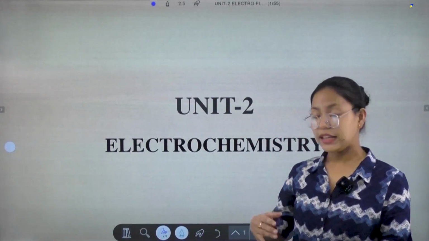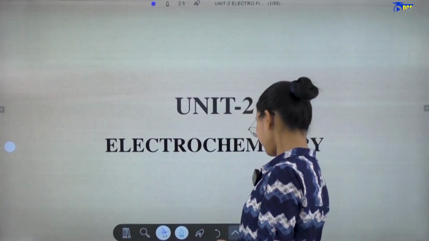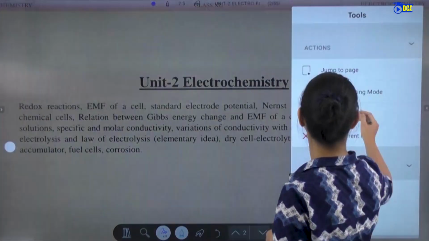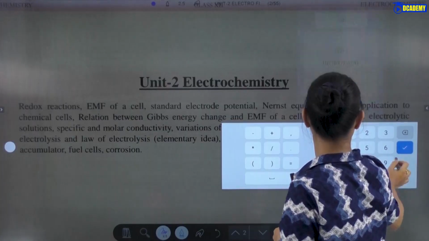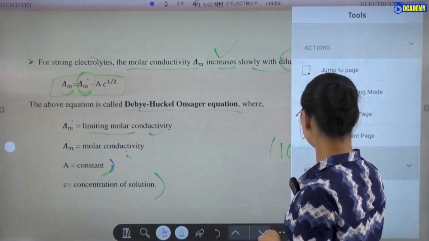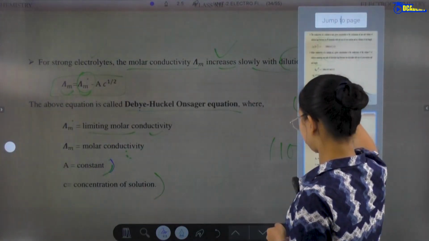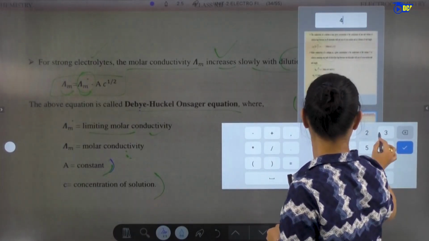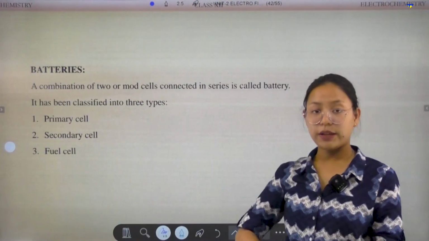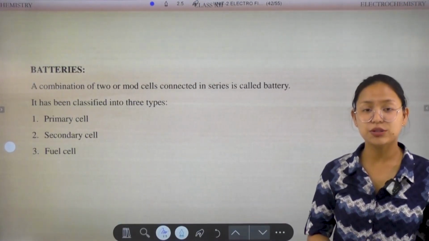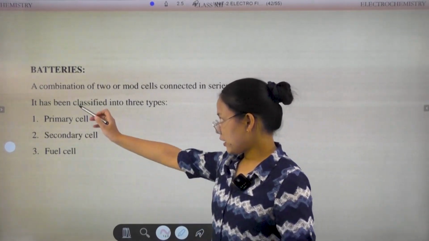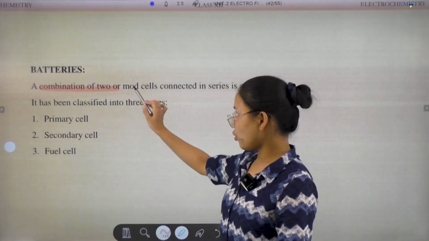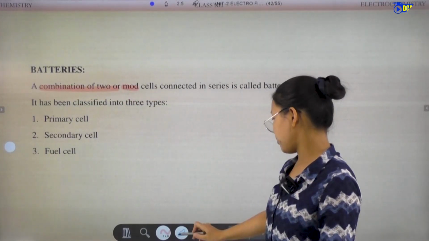Okay, so let's go to the slide. A battery is a combination of two or more cells.